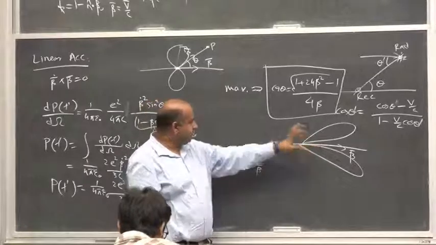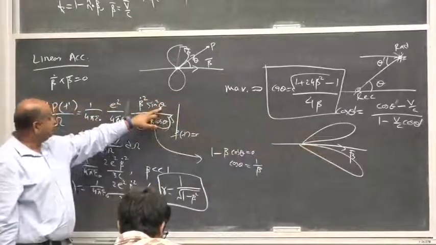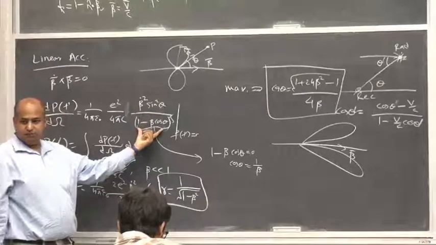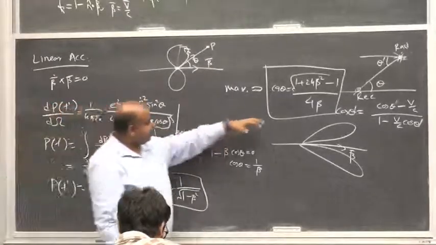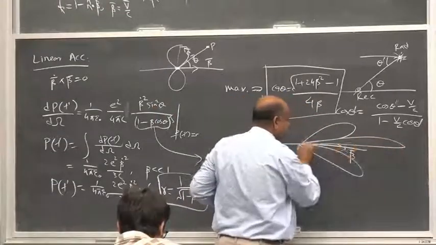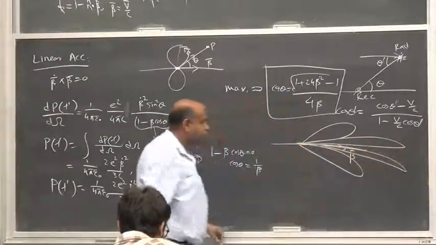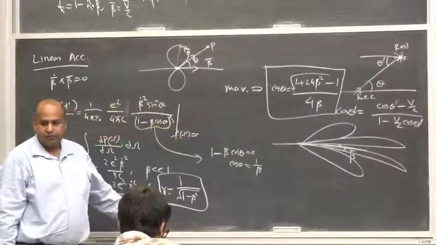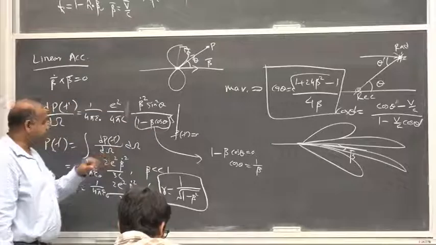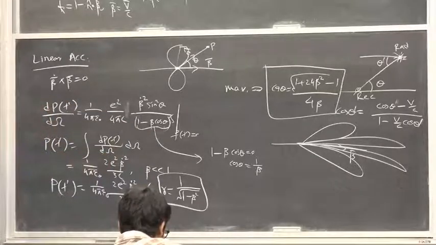Okay, theta 90 is 0 equal. At theta 0, since this factor is 0, this is not 0, so it's going to be 0. But as beta increases, this becomes very short. So it's a beam like this. So this is what we had for the linear acceleration case.